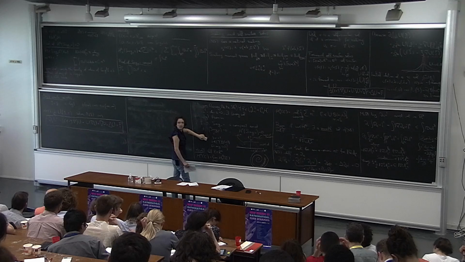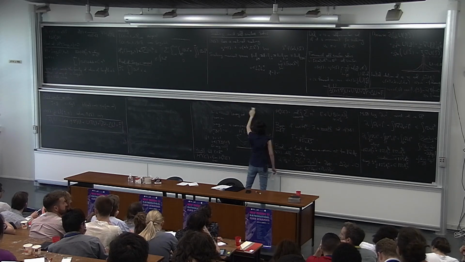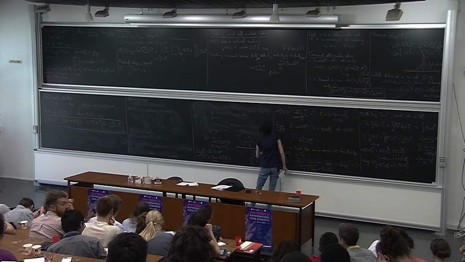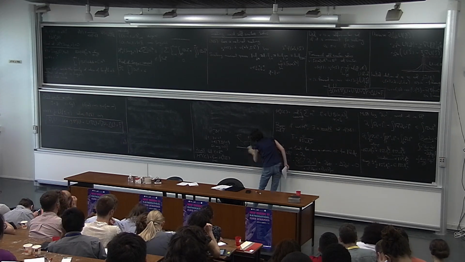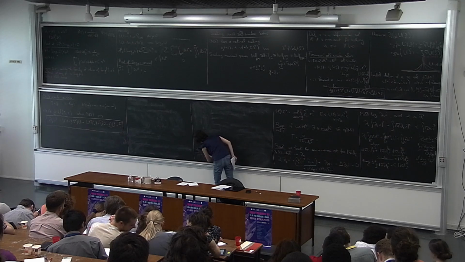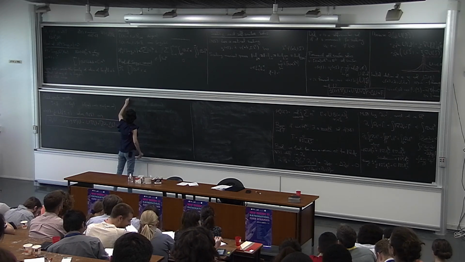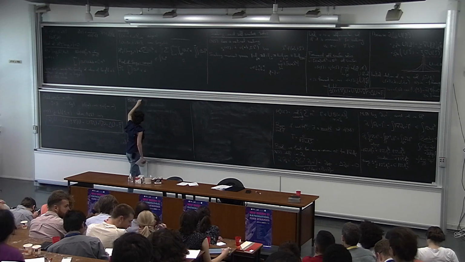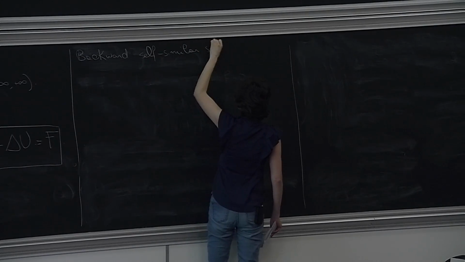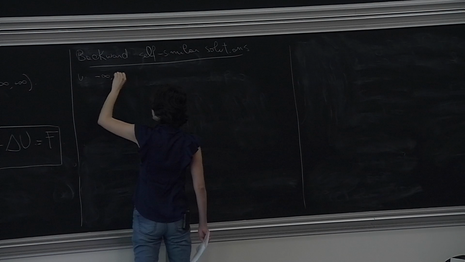Okay. The next thing I'd like to do is to consider also, one can look at backward self-similar solutions. That are just self-similar solutions where you consider now a self-similar solution which is defined on negative times.